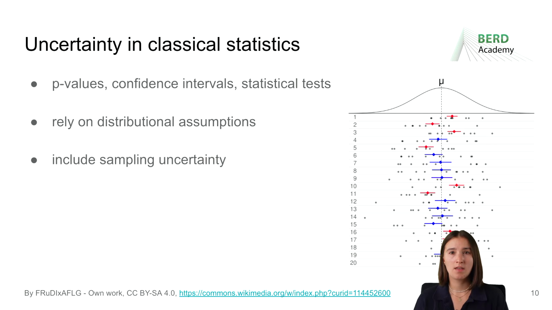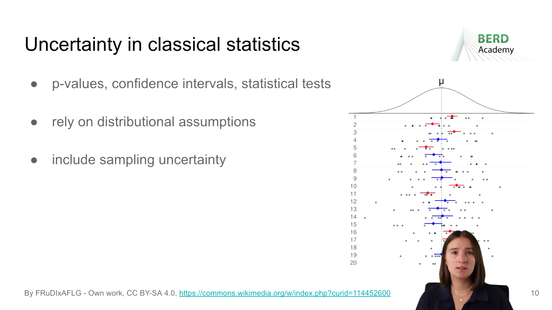Some of those overlap the true parameter, this mu in the middle: the blue lines actually contain the true parameter and the other ones do not. So in this way, there is already the possibility to represent uncertainty about the true parameter with intervals.